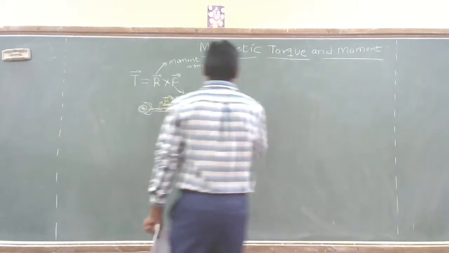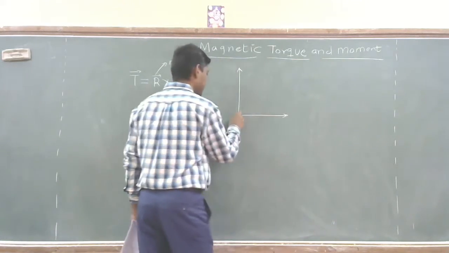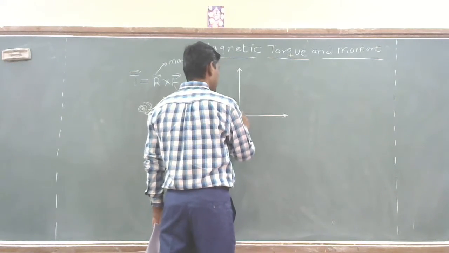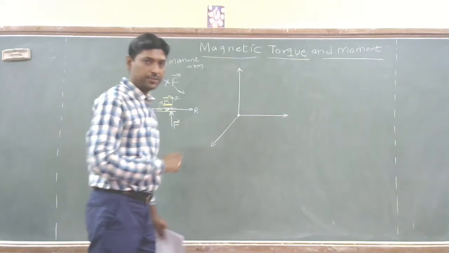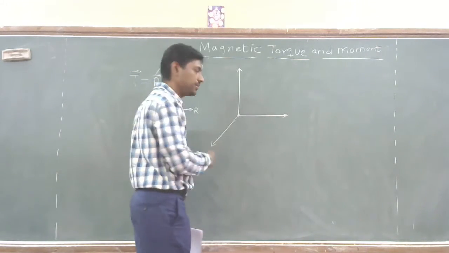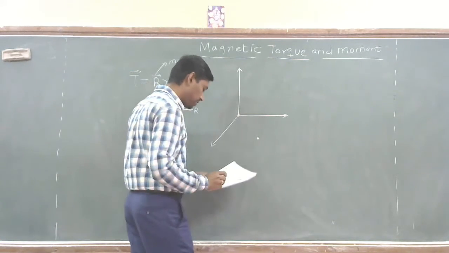Say, for example, I would like to define something like this. Say I want to find the torque at this particular point, the origin. It is defined about the origin, and say that at this particular point P I apply a force.